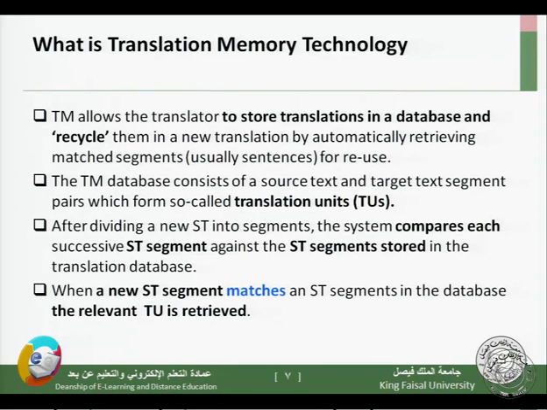Now after dividing a new source text into segments, the system compares each successive ST segment against the ST segment stored in the translation database. Now you have source text and target text in the system, okay? And you want to translate a text here.